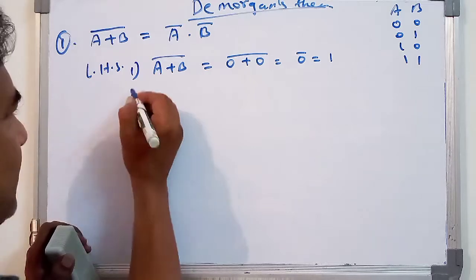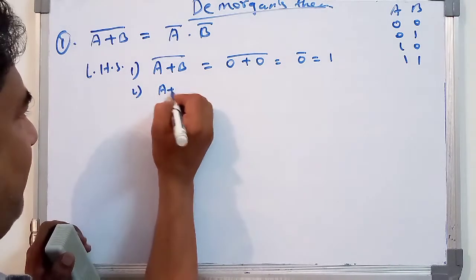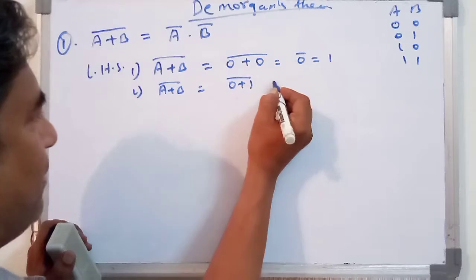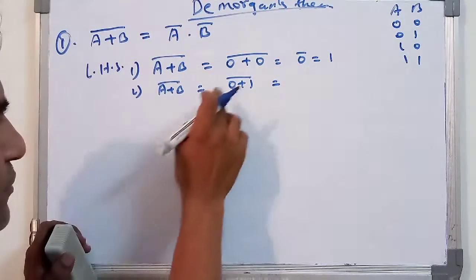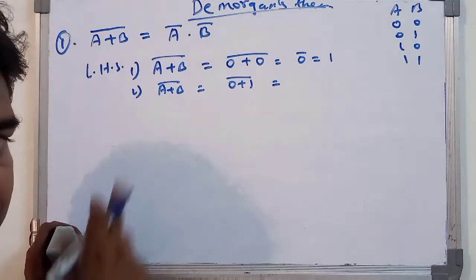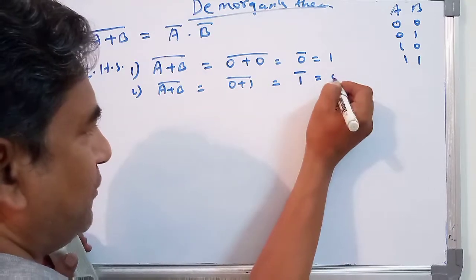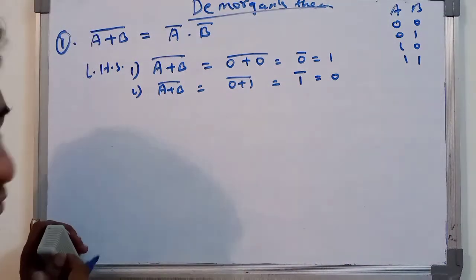Then the second, a plus b whole bar is equal to 0 plus 1 whole bar; 0 plus 1 you will be getting the value 1, and this bar you will be getting the value 0.